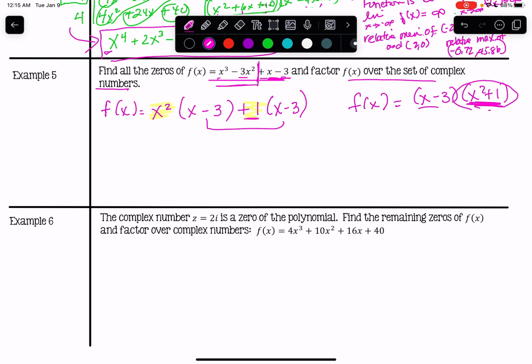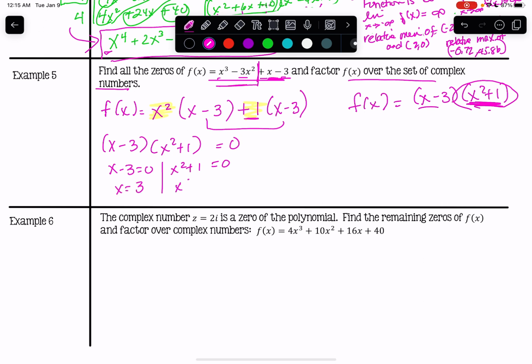So let's go so far. If we're going to do this to find the zeros, we say x minus 3 and x squared plus 1 equals 0. And so that means that x minus 3 equals 0, or x squared plus 1 equals 0. And so here we have x equals 3, and here we have x squared equals negative 1.